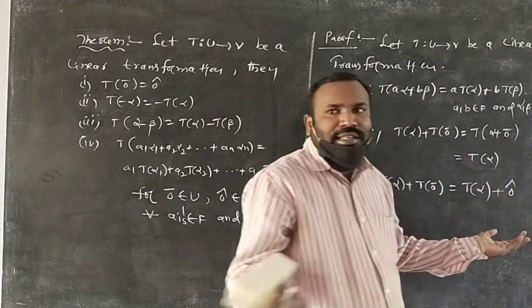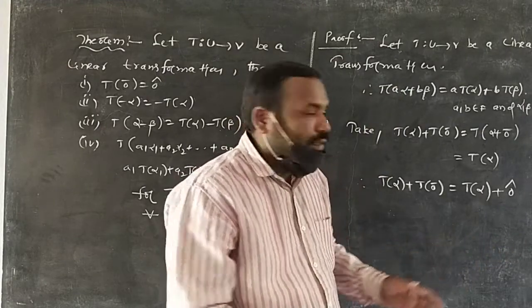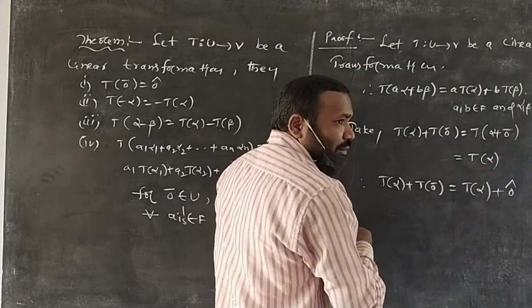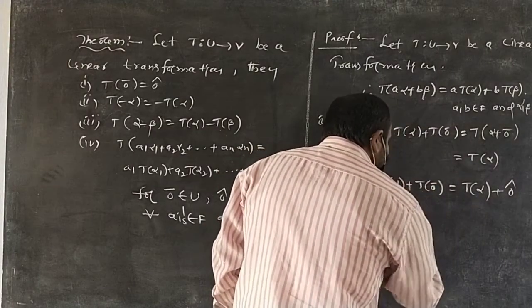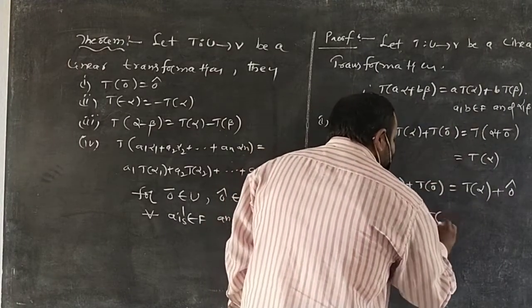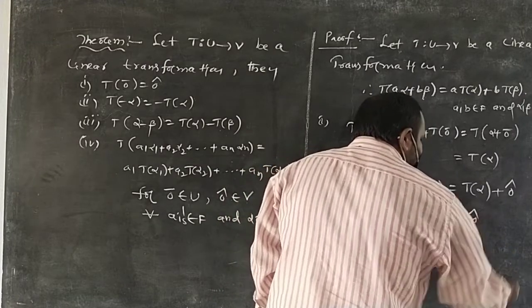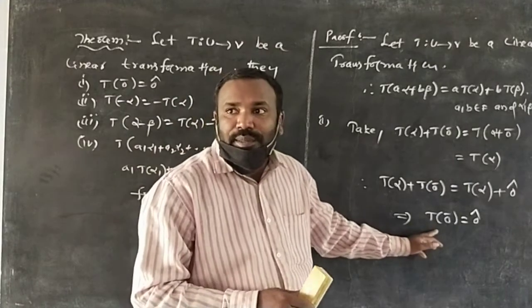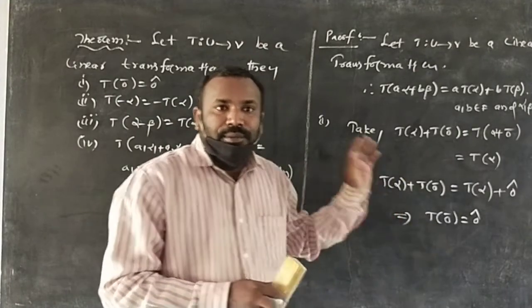Nothing is changed. You can cancel T of alpha by using left cancellation. So we are left with T of 0 bar equal to 0 cap. That is what we are asked to prove. Understand? Okay.